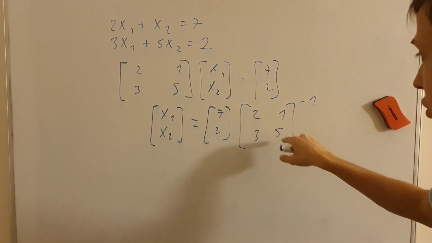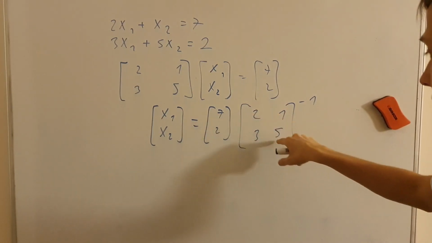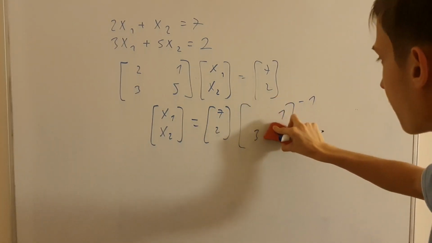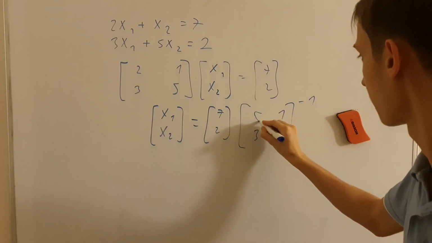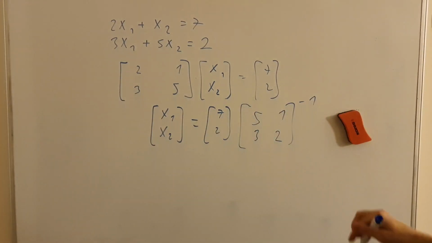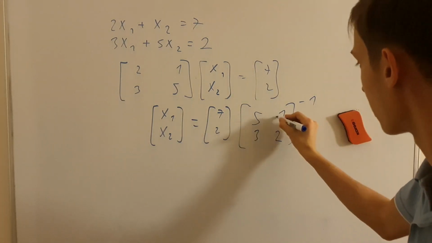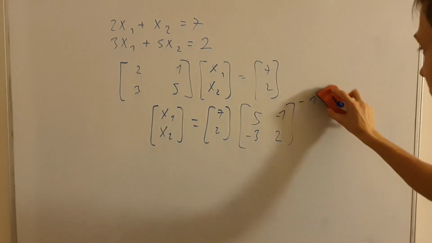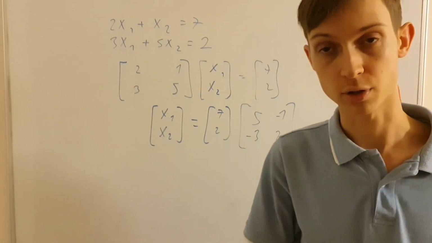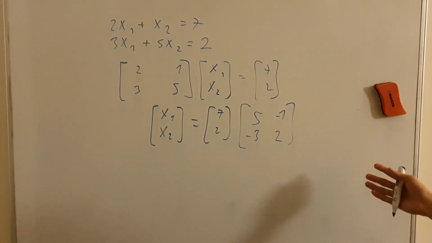These two diagonal terms, the left top one and the bottom right one, are switched. That means 5 goes here, 2 goes here. And these two other terms, the left bottom one and the top right one, are multiplied by minus 1. And that's it. That's how one gets the inverse. Alright, so the inverse notation is no longer needed because it became the inverse.